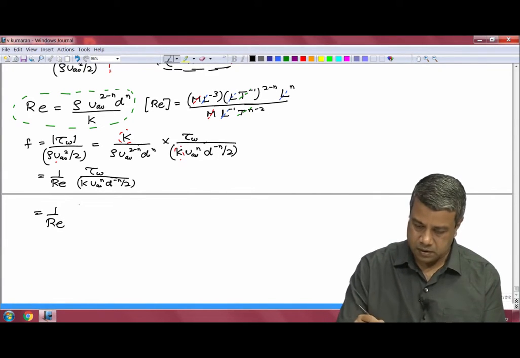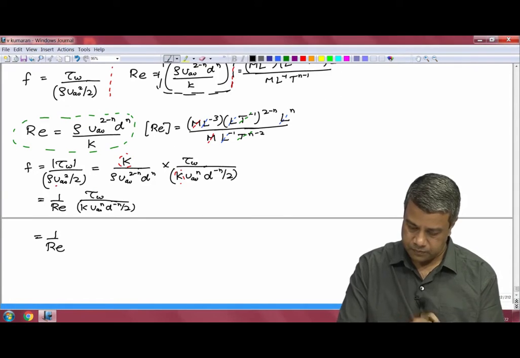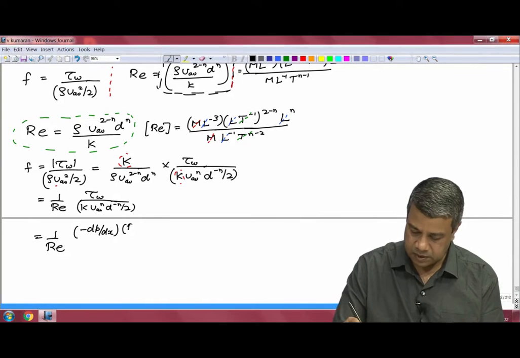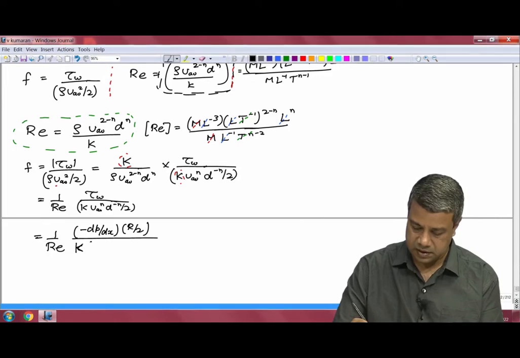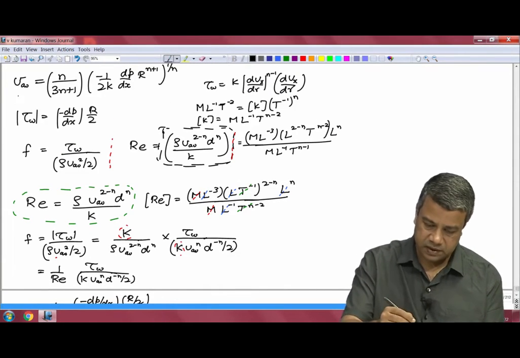tau w is equal to minus dp by dx into r by 2, divided by kappa, the flow consistency index, into V average power n. V average is given here.